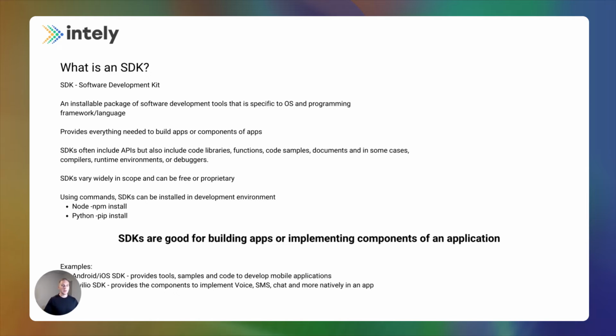This kit provides everything that's needed to build applications or build specific components of applications, or embed functions and functionality that other people have built into an application or software that you're building.